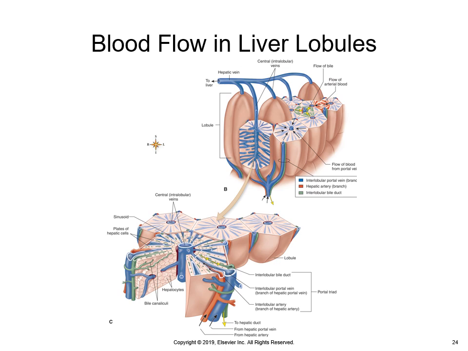In terms of the sinusoids that we talked about earlier, you can't really see them in this particular image, but the sinusoids allow for efficient exchange of not only nutrients but also oxygen and waste removal between the blood and those hepatocytes.